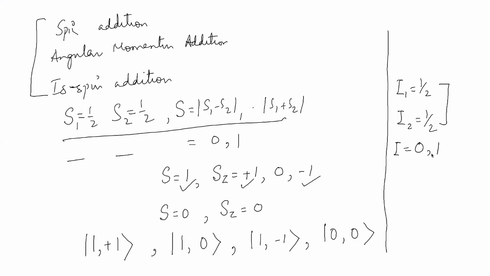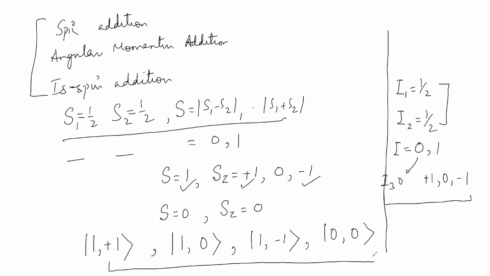Therefore, I will be 0 and 1. If I is 0 and 1, then I3 will be 0 for 0, and for 1 it will be plus 1, 0 and minus 1. Therefore, how many states are you going to form? You will say that again there is a quartet of states, 1 plus 1, 1 0, 1 minus 1 and 0 0. Is it clear to everybody?